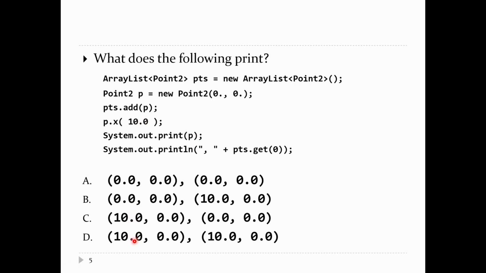Now, what happens when you print out the first point in points? Well, you also get 10 and 0, because that point there and that point there are actually both references to the same point object. They're both references to the point whose coordinates are now 10 and 0.